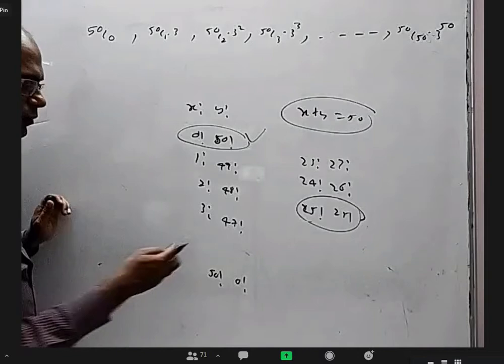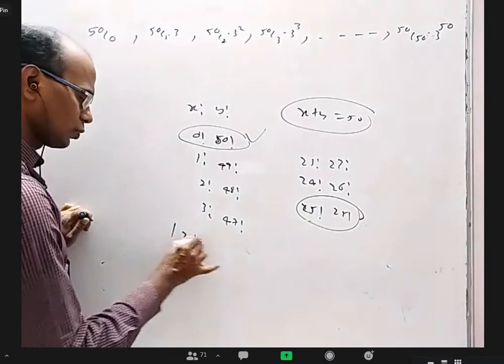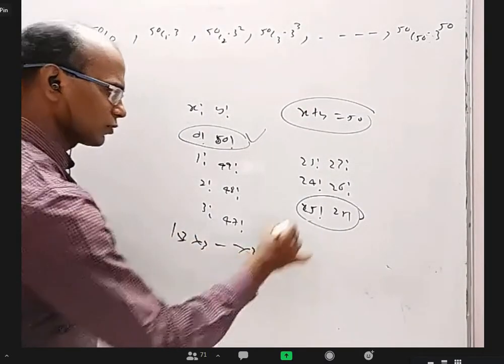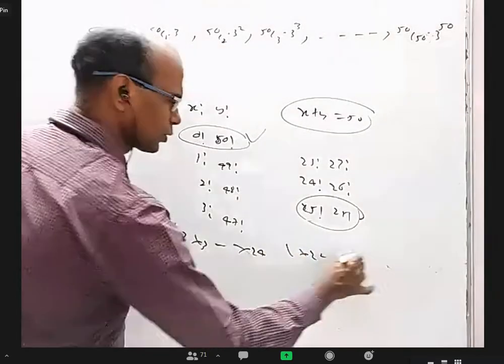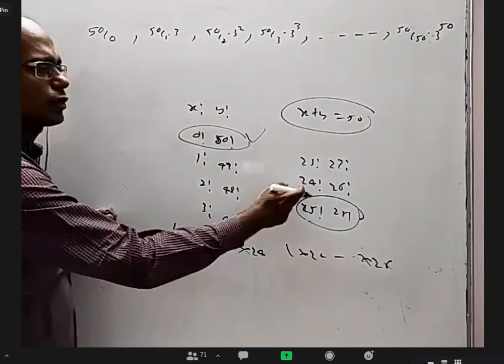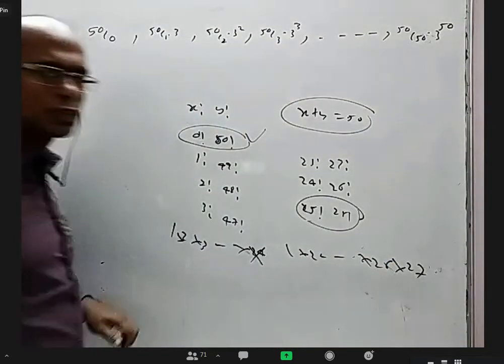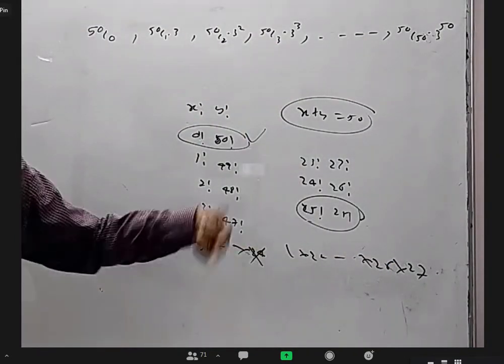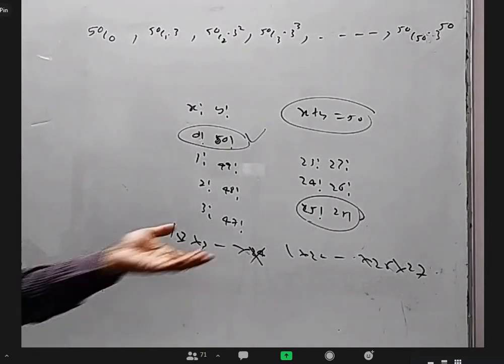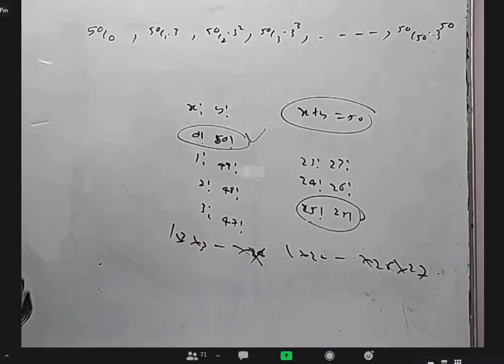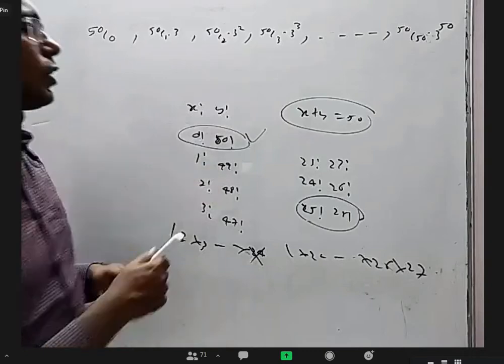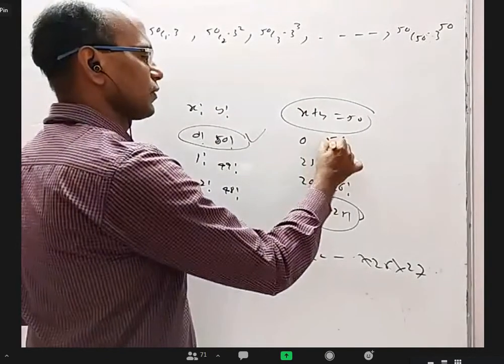In fact, if you write them like this, 1 into 2 into 3 so on up to 24, here 1 into 2 into so on up to 26. If you want to go from here to here, you have to remove 24 and replace with 27. You are removing a smaller number and replacing with a bigger number. So obviously you are increasing. So you can see it is increasing all the way from 0 factorial into 50 factorial.